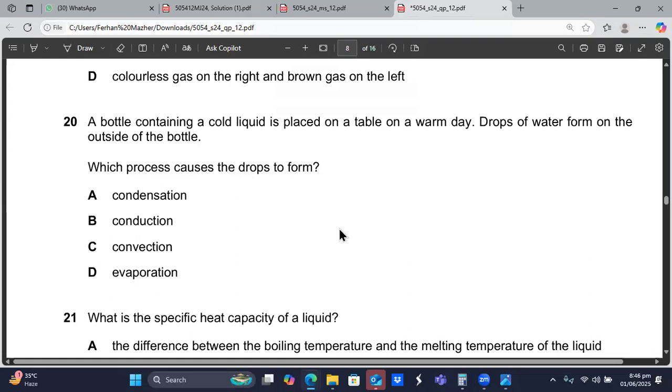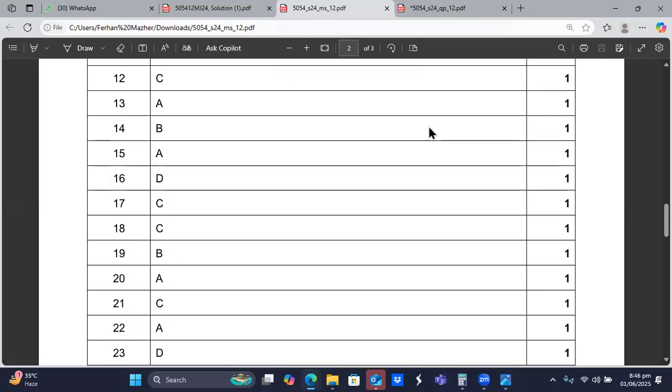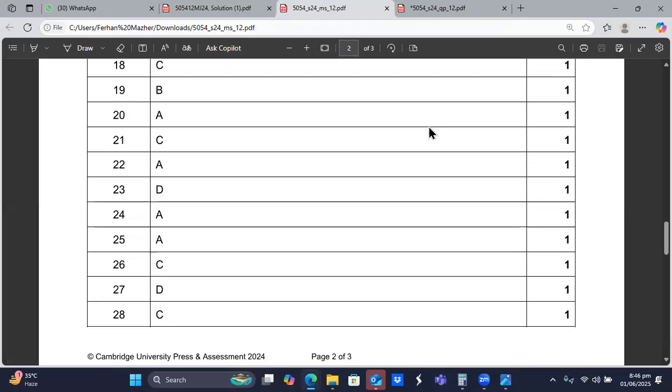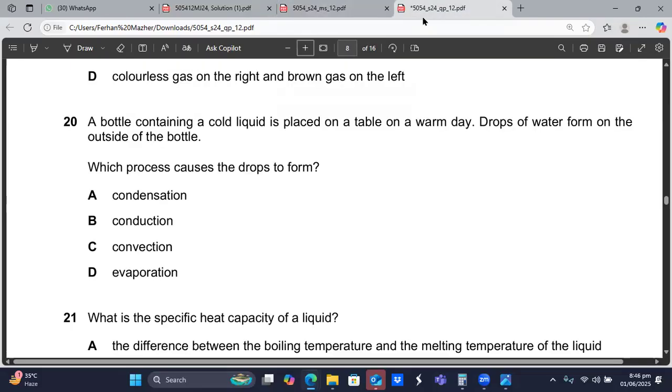So you see those water droplets outside that cold bottle. Which process causes the drops to form? Condensation. I think A is the right option. So question number 20, A is the right option.